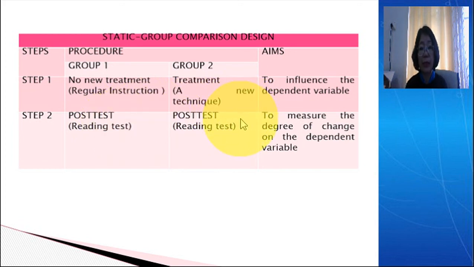So in this design, group 1 may be used as a comparison for knowing the impact of the treatment on the dependent variable of the experimental research. In this way, we can conduct the one-shot case study, the one group pretest post-test design, and the static group comparison design.